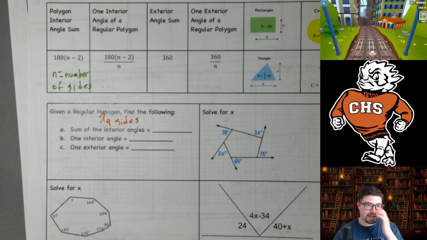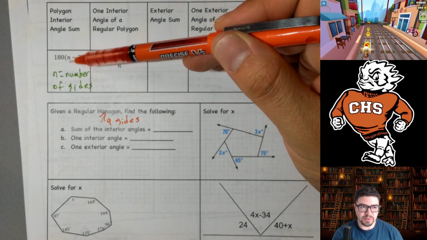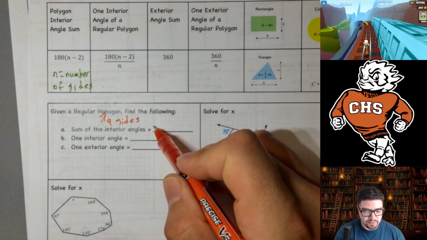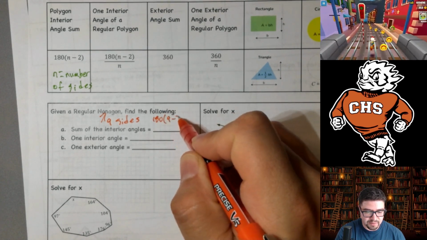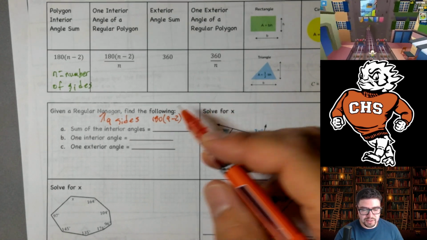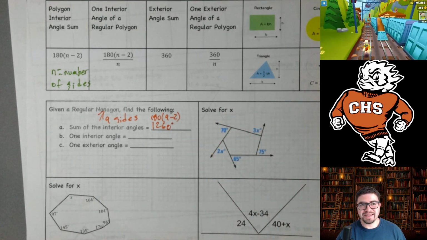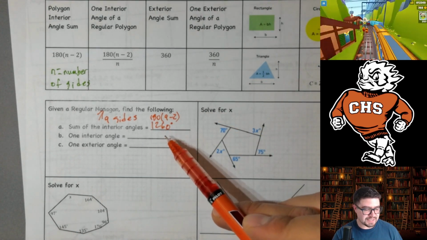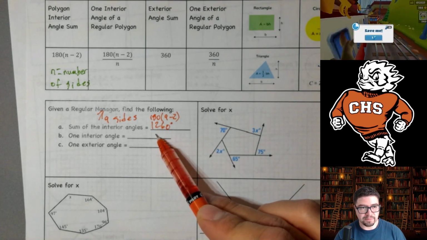So because it has 9 sides, we're going to plug that into the n in our formula. So the formula becomes 180 times 9 minus 2. And when we type that into our calculator, I'm actually going to use my phone. Luckily, I know what this one is off the top of my head. It's 1,260 degrees. So that is the answer to part A.